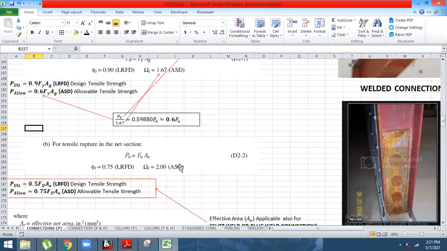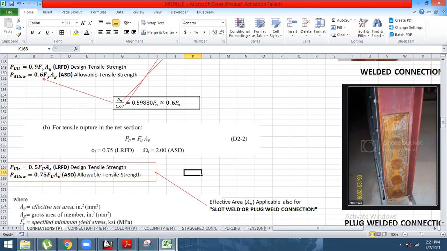But for tension rupture, that is simply 0.75 Fu Ae or 1 over 2 Fu Ae. It seems I reversed them: 0.75 Fu Ae should be the LRFD.